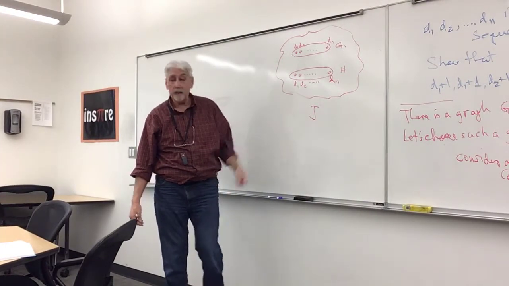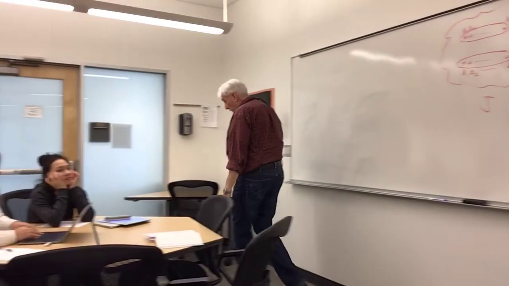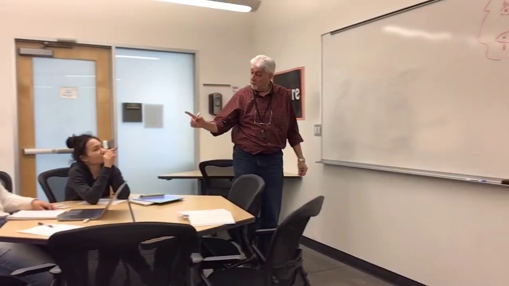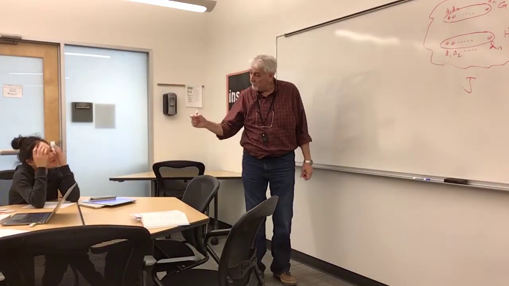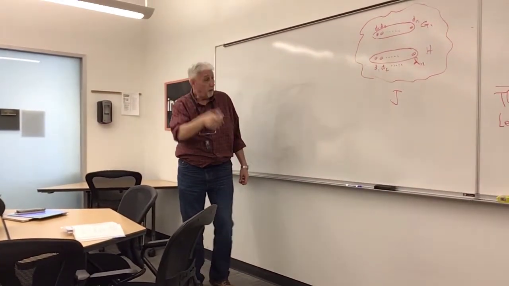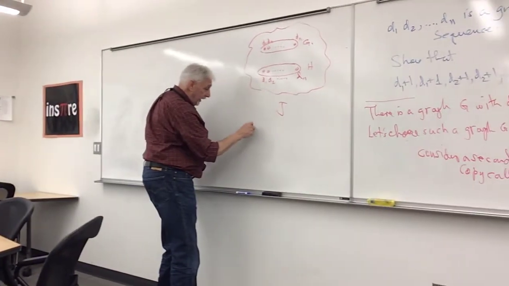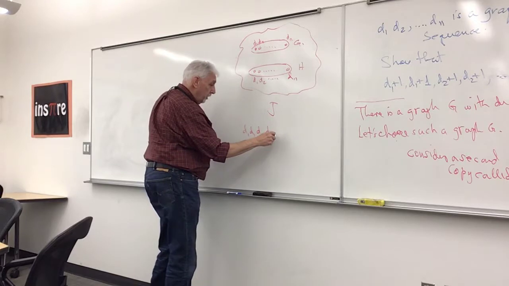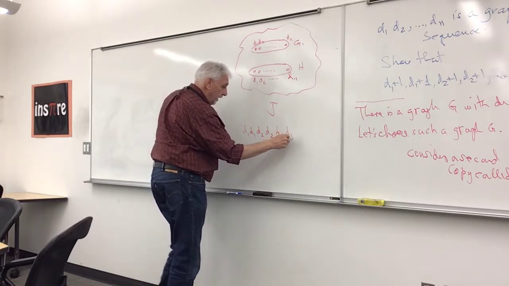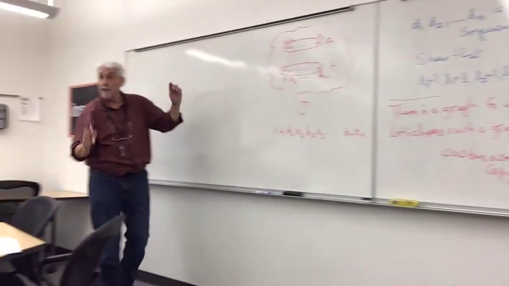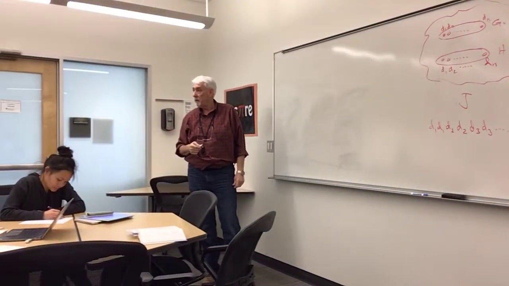What's the degree sequence of the vertices in J at this point? Careful. So I have a vertex of degree D1, D1. The degree sequence of J at this point is D1, D1, D2, D2, D3, D3, Dn, Dn. I haven't done anything, so is everybody with me at this point?